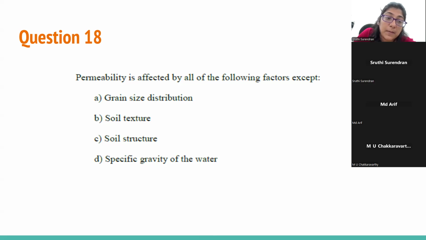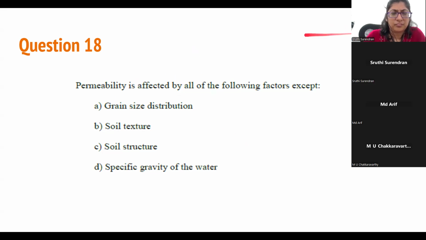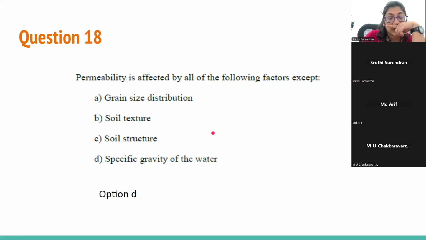So here, what all factors does permeability depend upon? Okay, so the correct answer for this is option D.